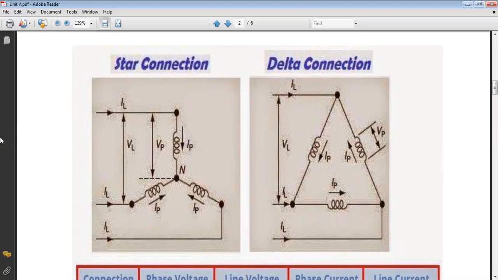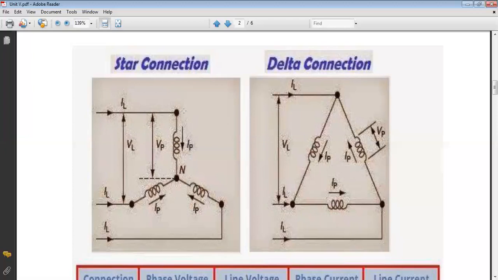Now, how can these star and delta connections be made? You can note down, for a single phase supply, you can imagine a single conductor, and the single conductor will have two terminals.